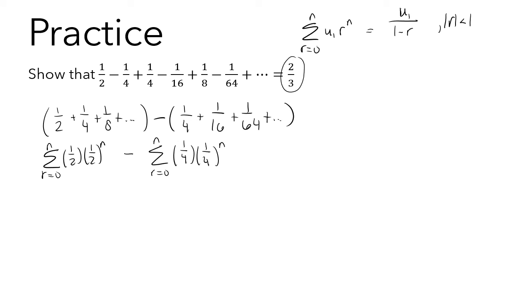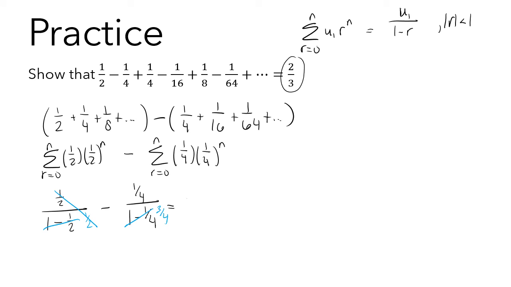So now I can use the formula for the sum of an infinite geometric series and actually solve this out. So this is going to equal 1/2 divided by 1 minus 1/2, because 1/2 is my ratio and my first term. Similarly for the other one, 1/4 divided by 1 minus 1/4. 1 minus 1/2 is equal to 1/2. 1 minus 1/4 is equal to 3/4. 1/2 divided by 1/2 is 1.